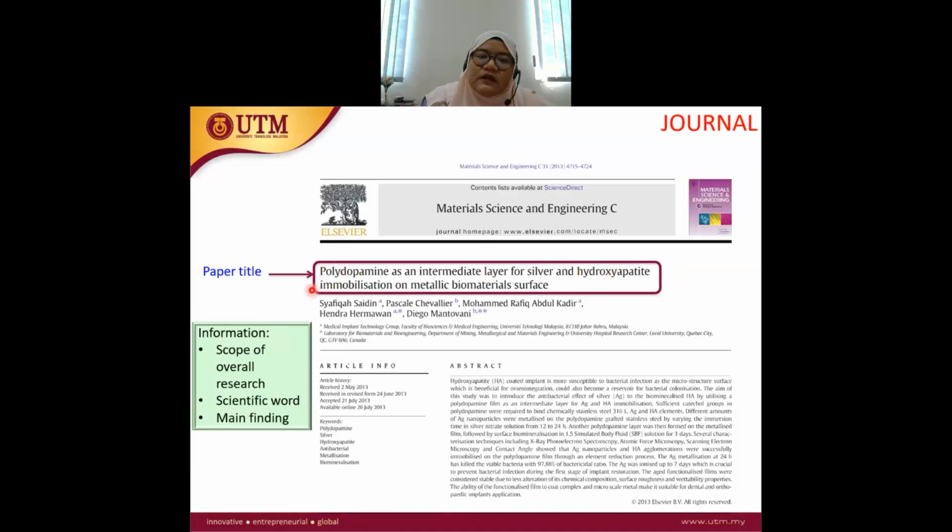As this paper title gives the main finding, which is the polydopamine as an intermediate layer. When you are writing a paper for publishing, you have to make sure your paper title is very specific, and it can capture the reader's interest.